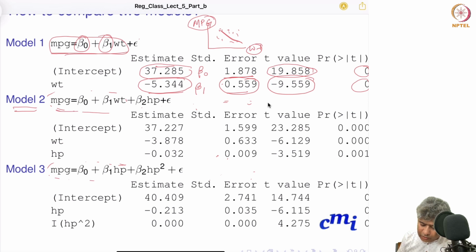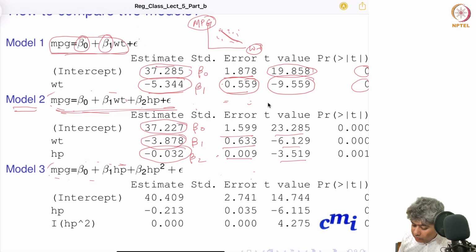Similarly, if you look into this model, this is beta naught, this is beta 1, and this is beta 2. These are the estimates, these are the standard errors, and then these are the t values.